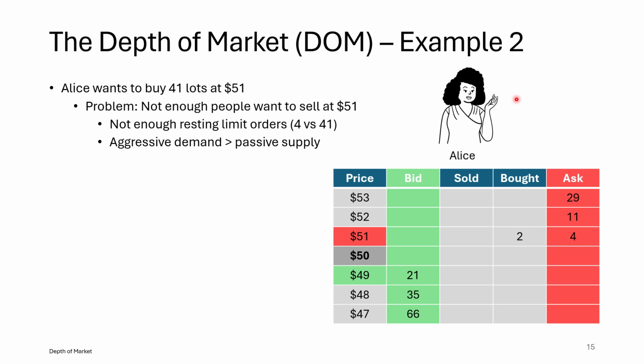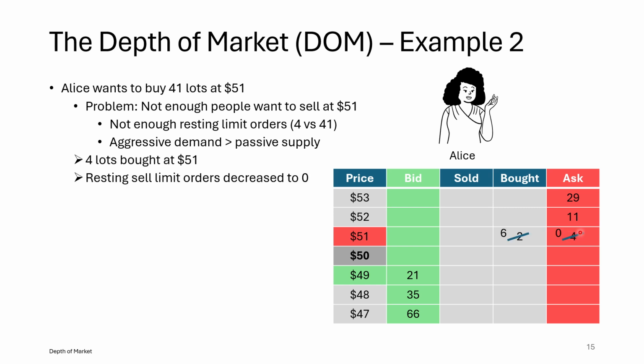And the problem here is the same that we had in the previous example. So as you can see here, there is not enough supply, right? There are not enough resting limit orders to fill her market order, because she wants to buy 41, but only 4 are available. So the aggressive demand is higher than the passive supply.